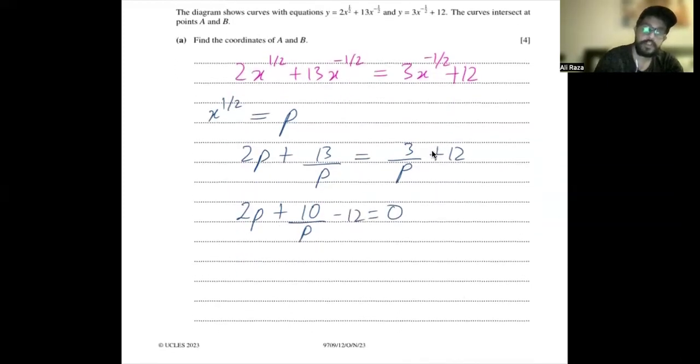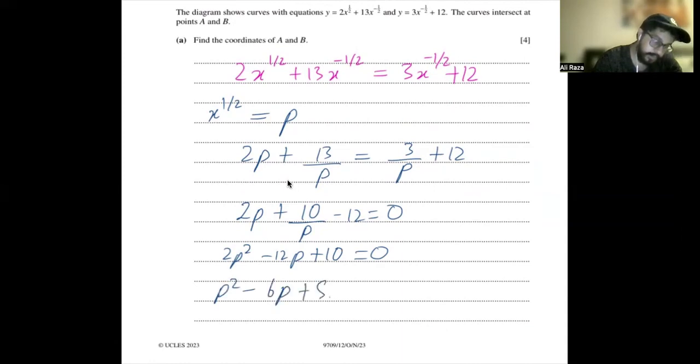Once you bring all the terms on the same side, when I take the LCM, I get 2p squared minus 12p plus 10 is equal to 0. p squared minus 6p plus 5 is equal to 0.